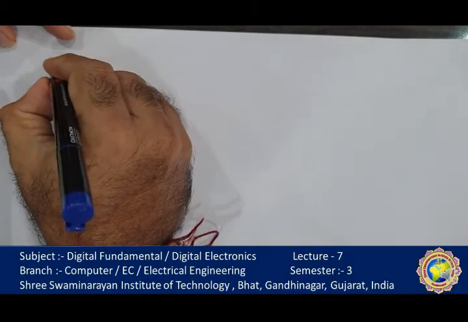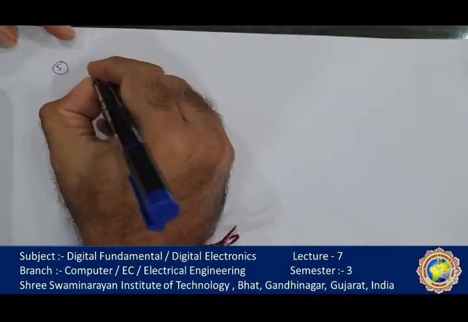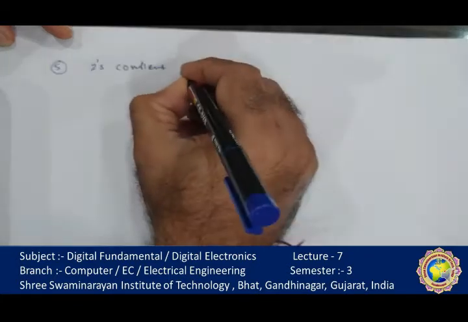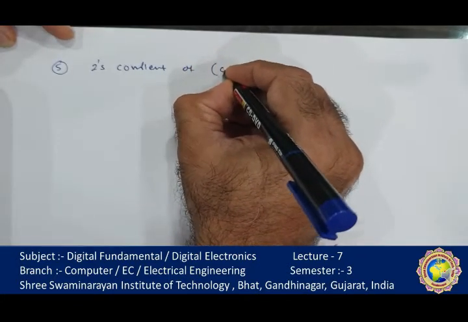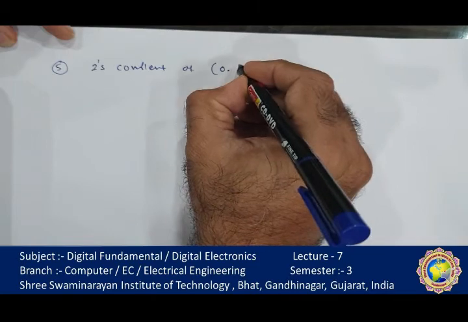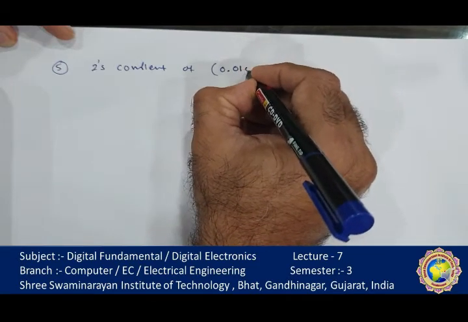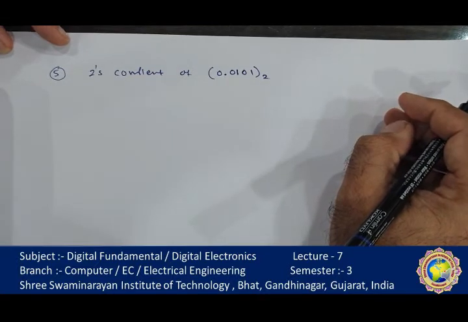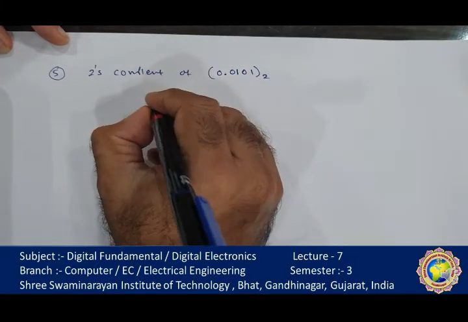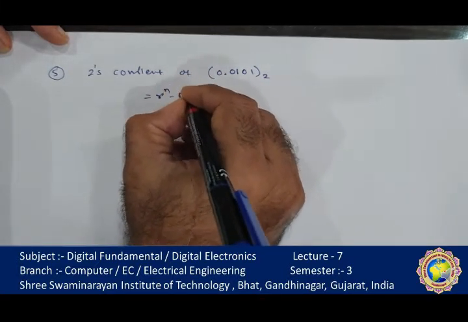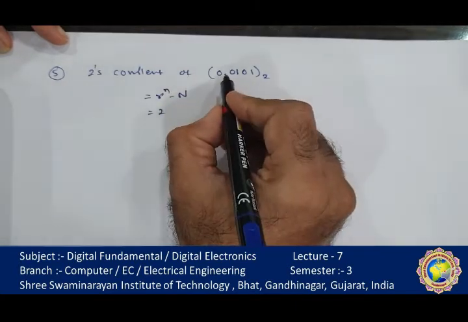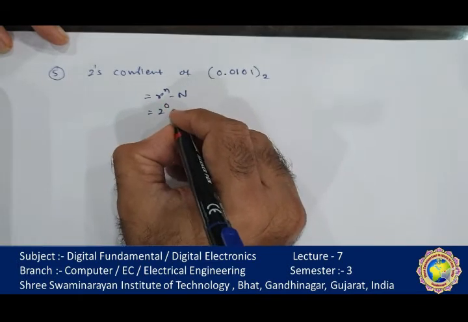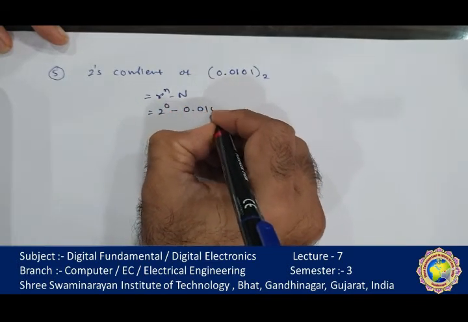Let us take another example of 2's complement of 0.0101 in binary. So as per the method, this will become r raised to n minus N, 2 raised to 0, as there is no integer part, minus 0.0101.